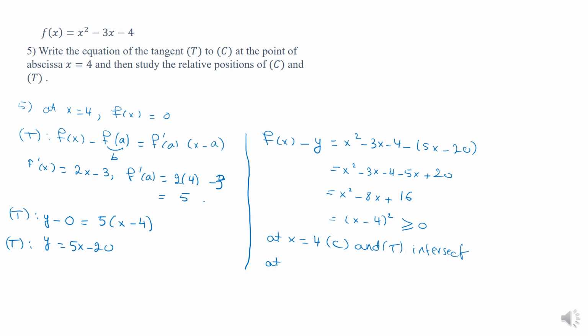At x not equal to 4, C is above T, since f of x minus y, the equation of T, is greater than 0.